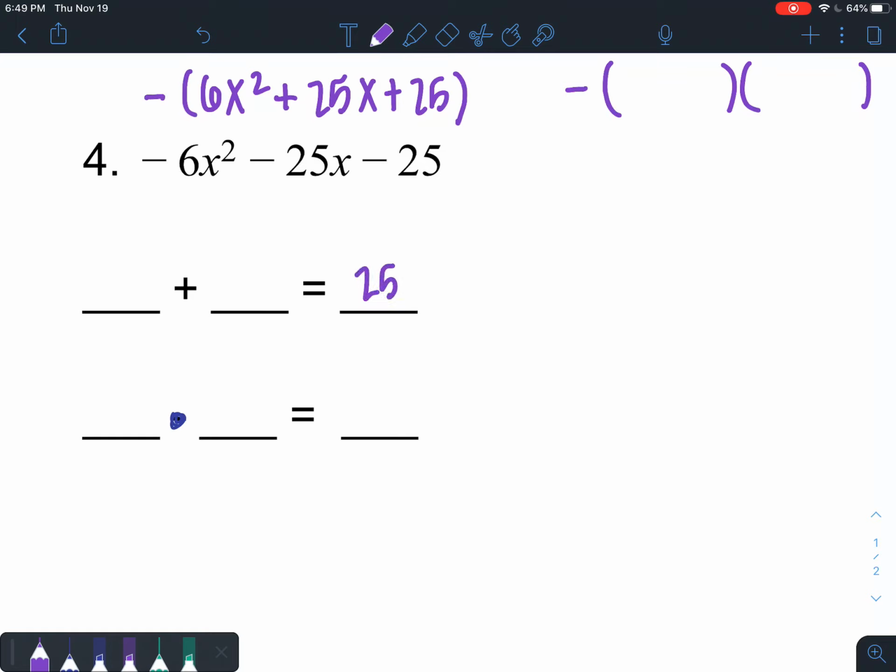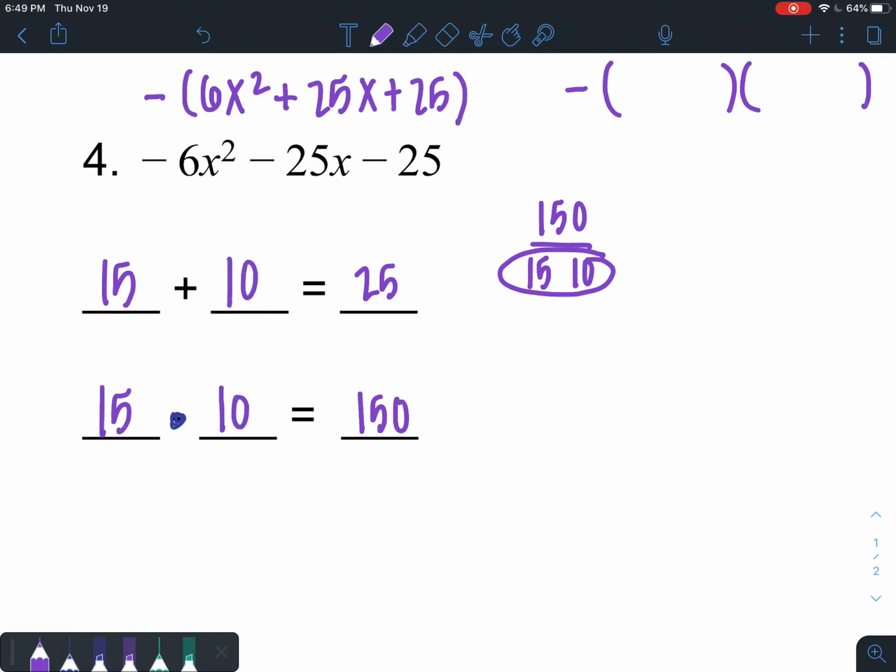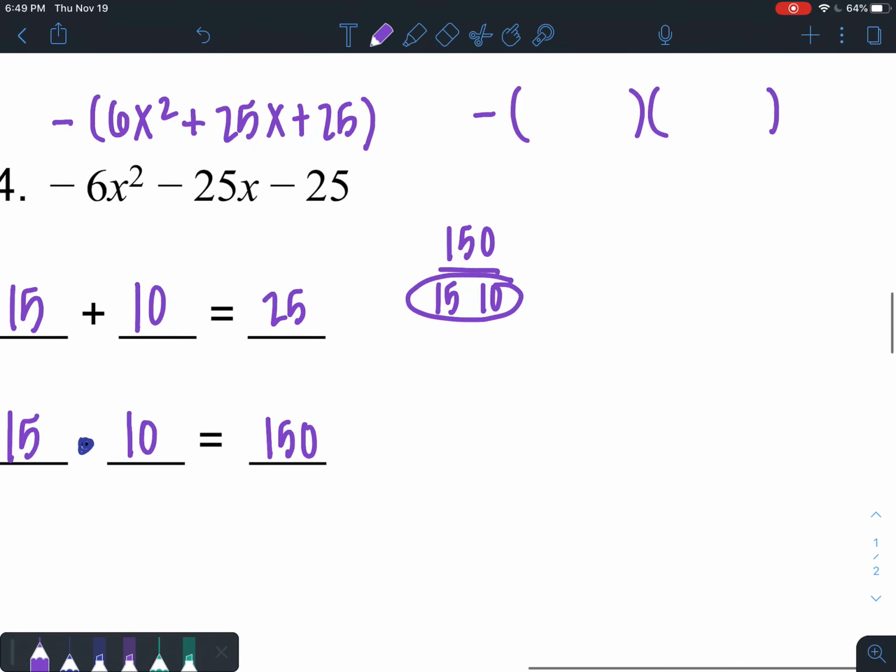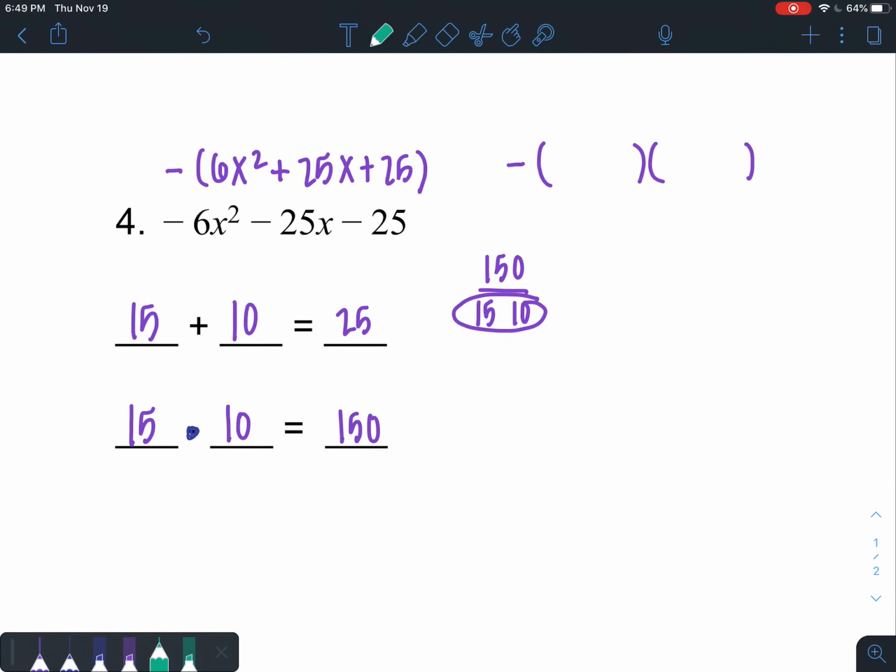So I need two numbers that add to be 25, but multiply to be 150. Two easy ones are 15 and 10. That does give us 25, because 15 plus 10 is 25, and 15 times 10 gives us the 150. So then we're going to split the middle.